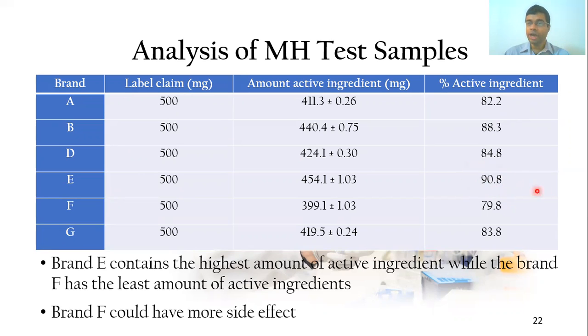So in fact, it is the highest concentration that we have observed out of all these 6 brands, 90.8%. And if you look at F, it is 79.8%. Now you can't round it up to 80 and say, okay, it is within plus or minus 20%, so that is the ICH guideline, and it is in the usable range. You can't say like that, because it is below that range.